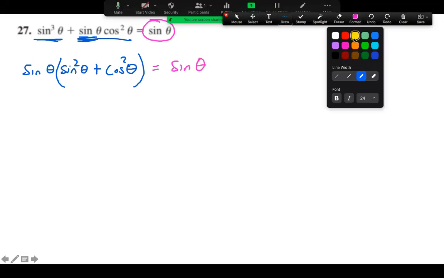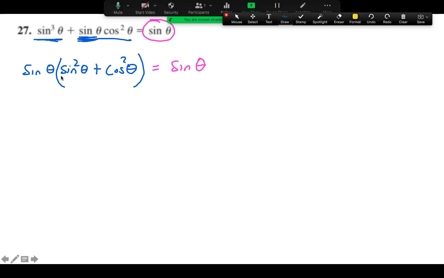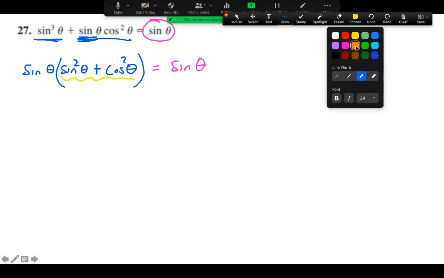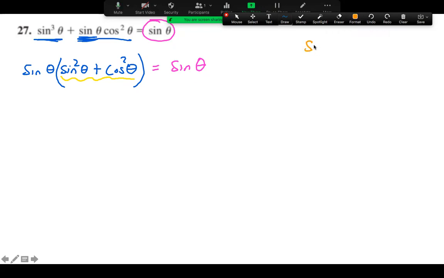So next, I look back at my left side and I notice this looks very suspicious. Sine squared theta plus cosine squared theta, that is the Pythagorean identity. Anytime you have sine squared theta plus cosine squared theta, that always just equals 1. So these two just make 1.